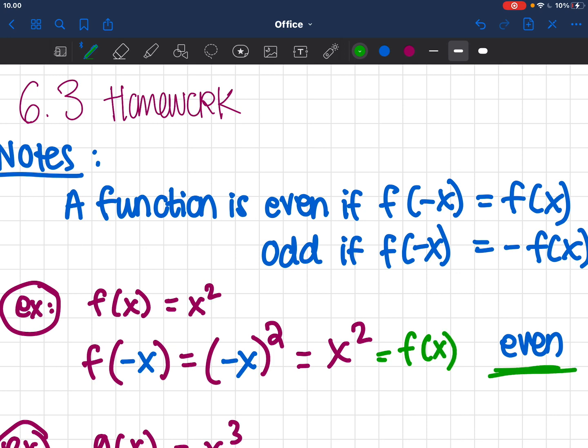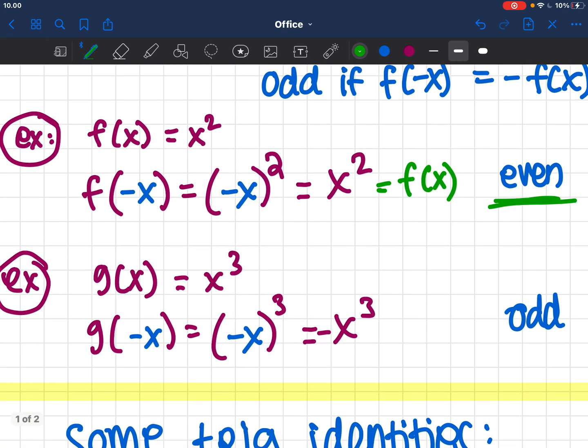And then let's say g of x is x cubed, and then you plug in negative x. We know that if the exponent is odd, the negative will stay there, right? Because negative 1 times negative 1 times negative 1, this is positive, but this is still negative, right? So negative x cubed, in other words, this is negative g of x. So that's why we call it odd.